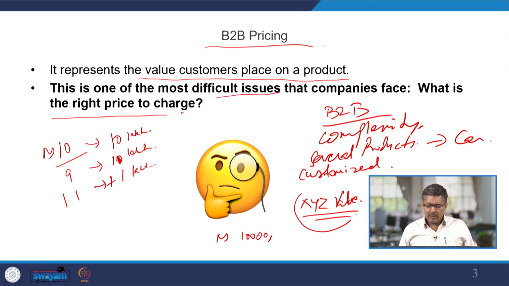But if this valve does not function and the work comes to a halt, I may lose maybe 1 lakh rupees. So the buyer is less bothered about the price of the product. Sometimes it becomes very complicated, because the value is more important, and understanding this value is a serious matter.